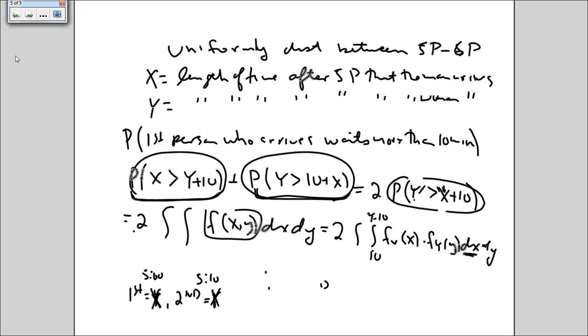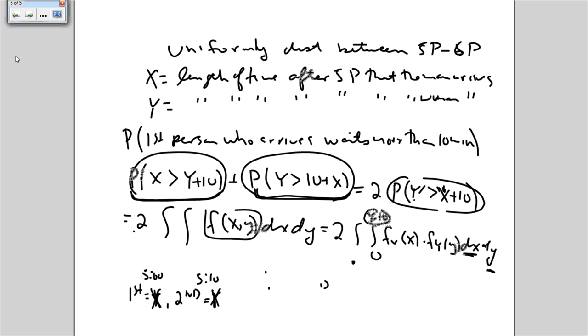Now, x came first. So x could have come at exactly 5 o'clock. Now, what's the upper limit for x? It had to come at least 10 minutes before y. Hence, y minus 10. Now, the second limit, the y limits.